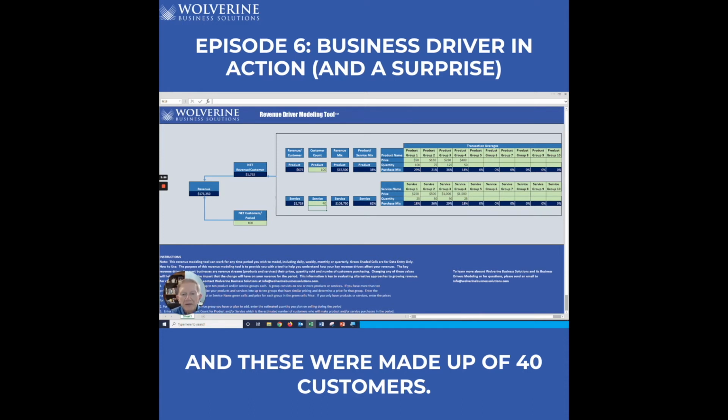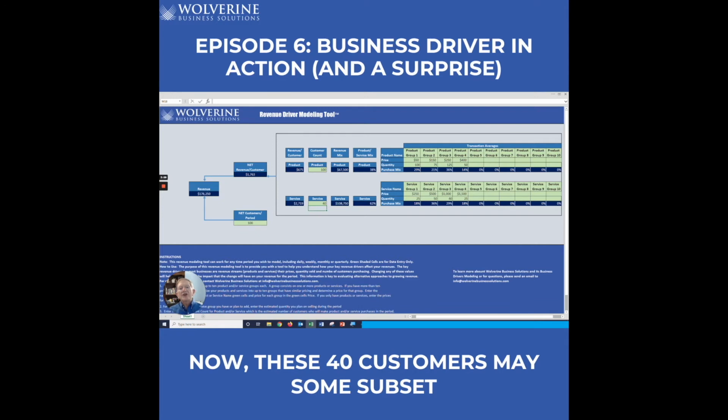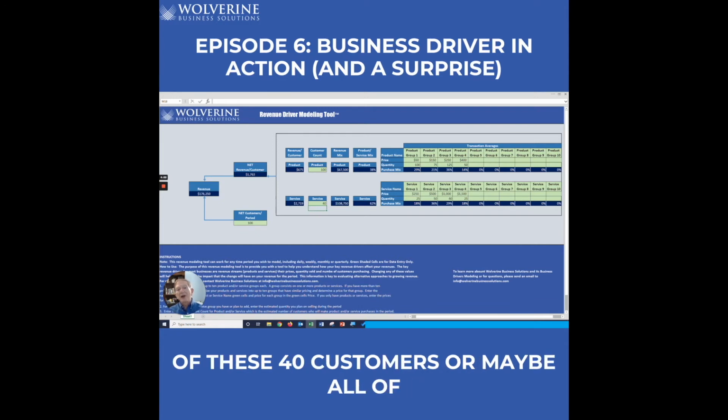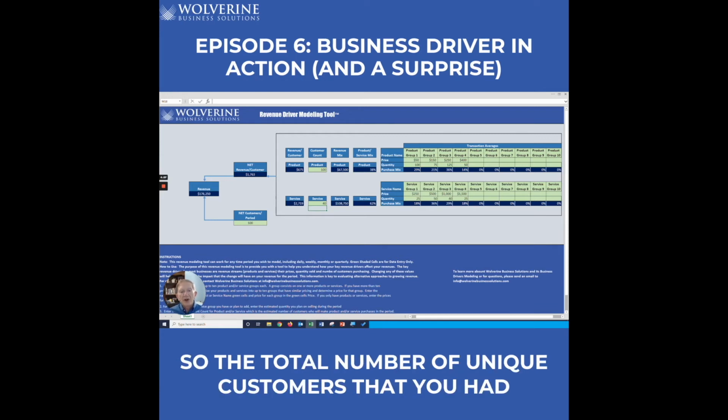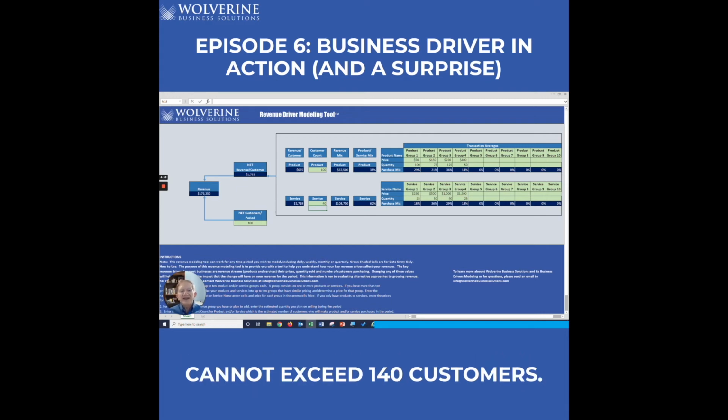and these were made up of 40 customers. Now, some subset of these 40 customers, or maybe all of the 40 customers, also bought product. So the total number of unique customers that you had cannot exceed 140 customers.